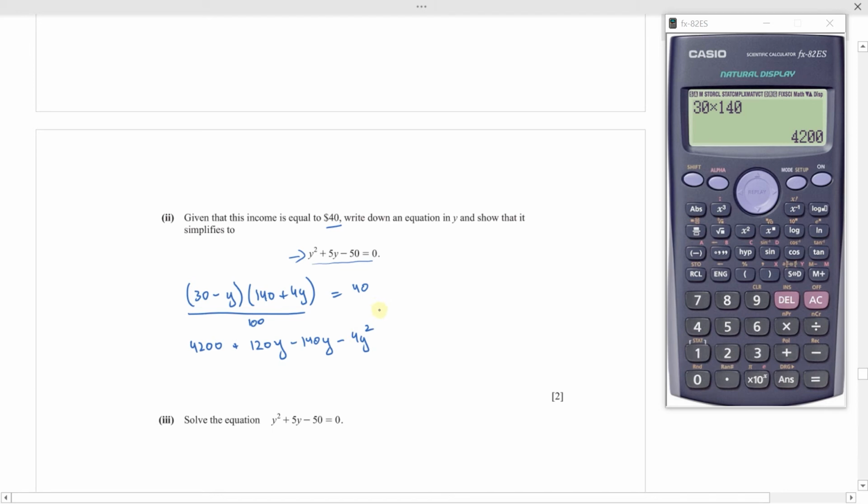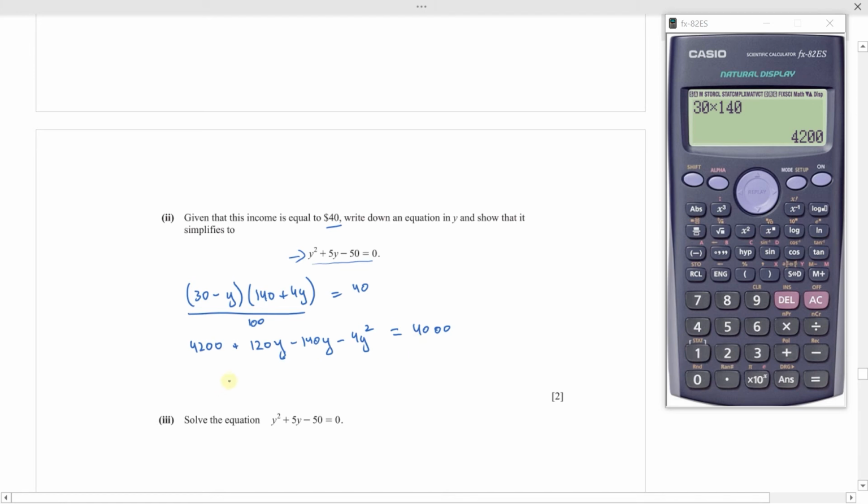And I can take this 100 to the other side. This will become equal to 40 multiplied by 100, 4,000. Now let's take everything to the right side of the equation so that I have positive y square, because here the coefficient of y square is negative.